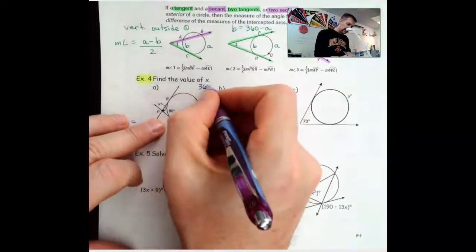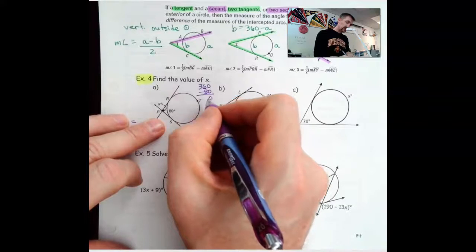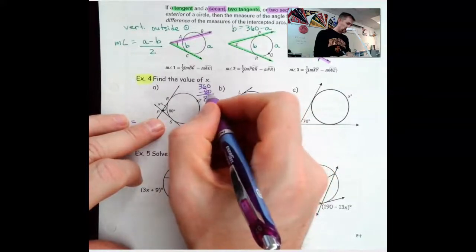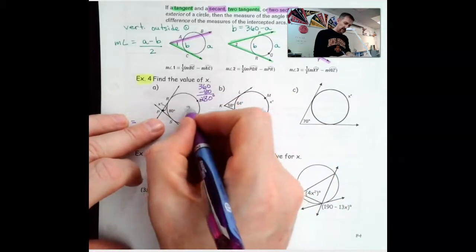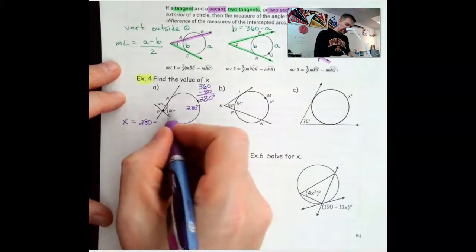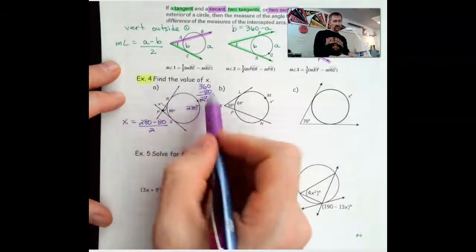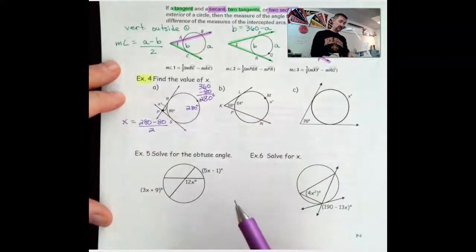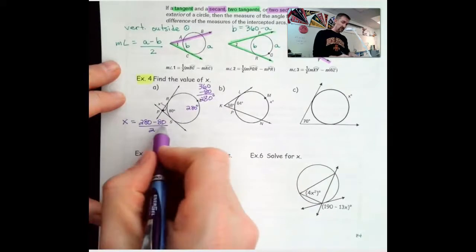So 360 minus 80 is 280. So this arc out here is 280. So the bigger arc, 280 minus 80 over 2. So we had to do this additional step here to find this arc first. But it's still pretty simple. It's just subtraction. So again, they're both even.